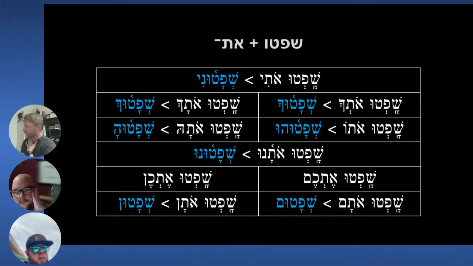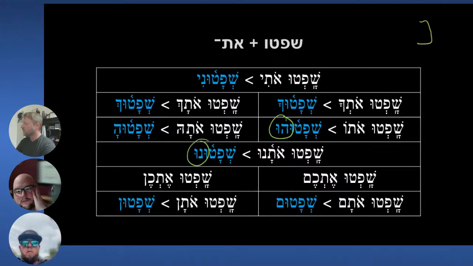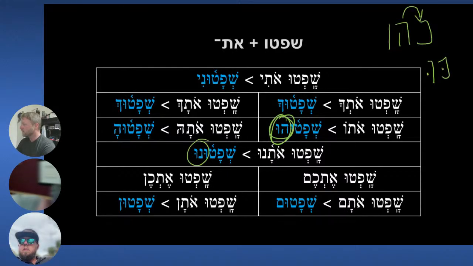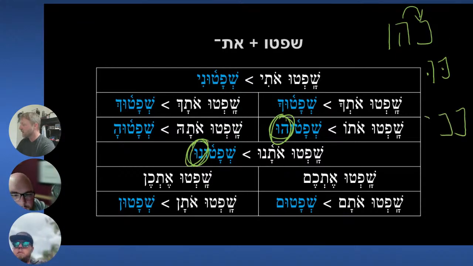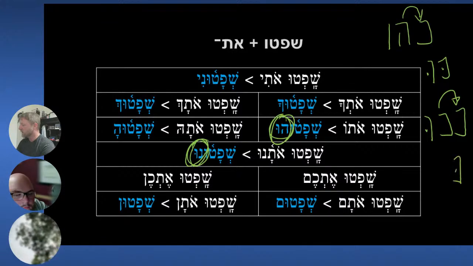We should notice that we are going to have trouble sometimes where a word might end in a nun, and then the next letter is hu for him, and this assimilates and becomes nu, or the ending is nu for us, and this assimilates and gives us again nu.